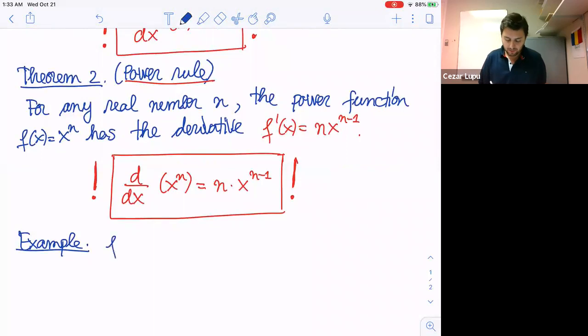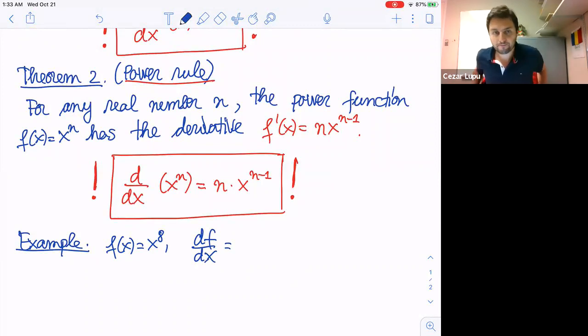For example, if we take f of x equals x to the power 8, the derivative df over dx, the derivative with respect to the variable x, which is how you read this, will be 8 times x to the power 8 minus 1, which is 7.